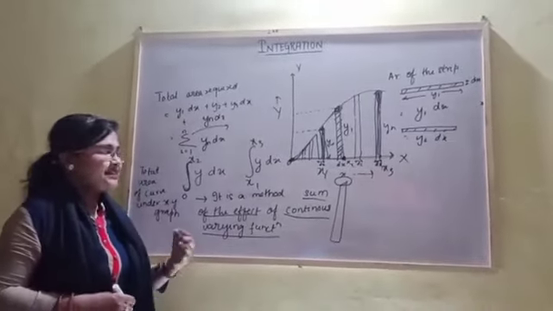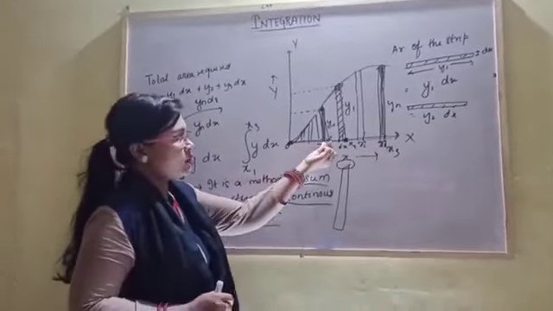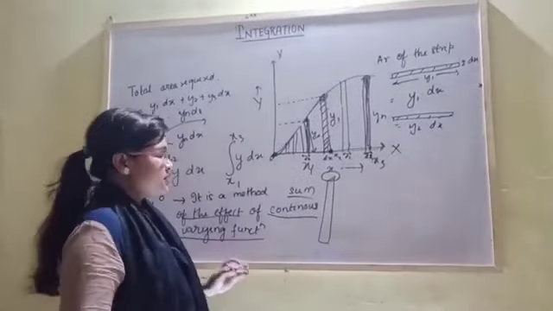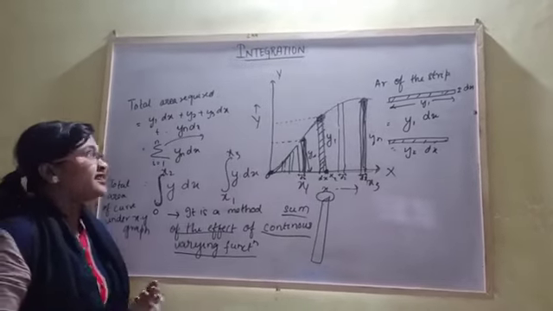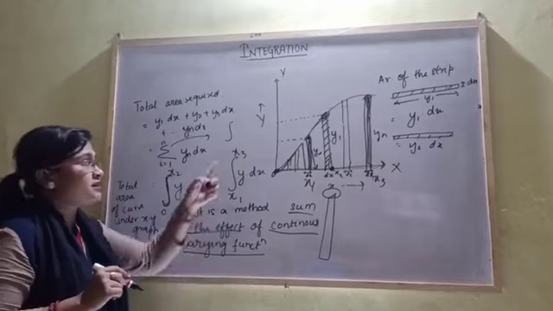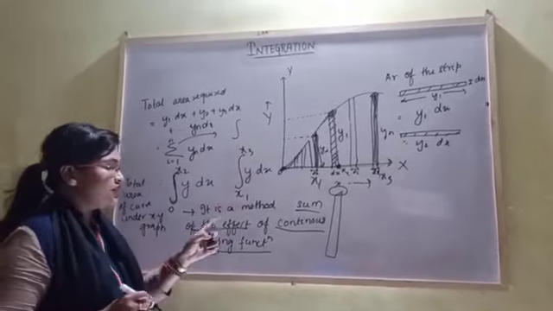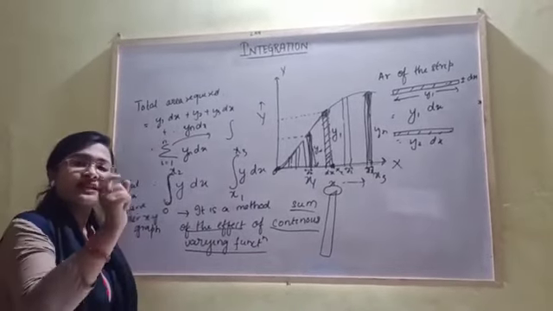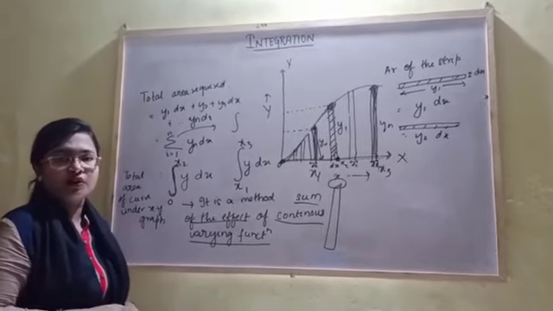So basically, integration is the method of addition of small changes to create a big change. Integration is the reverse process of differentiation and it is denoted by this symbol. Instead of summation we use the integration symbol to calculate the sum of the continuous varying function, but summation is the sum of discrete values of function.